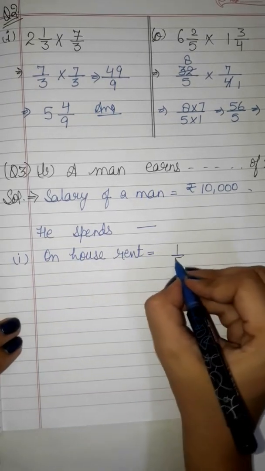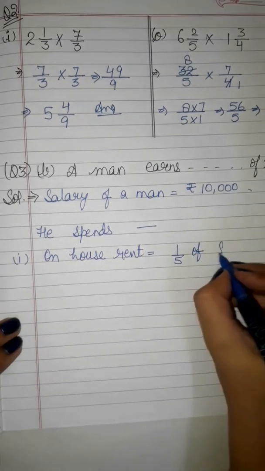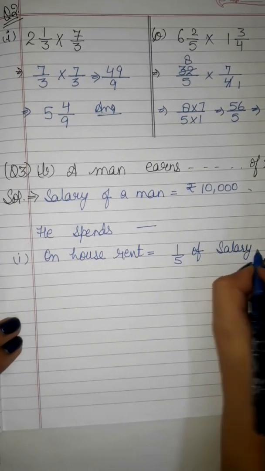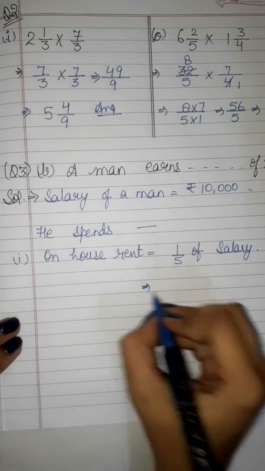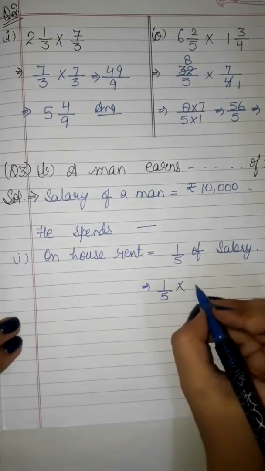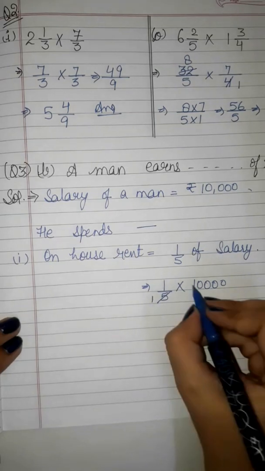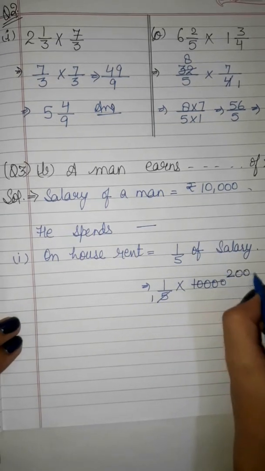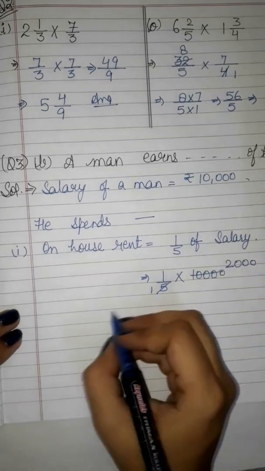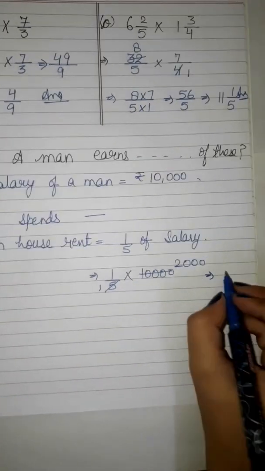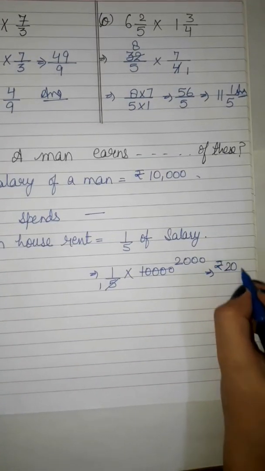It is 1/5 of salary. What is the amount of salary? 1 by 5 into 10,000. So this you can divide. 5 1s are 5, 5 2s are 10 and 3 0s. So that means rupees 2,000.